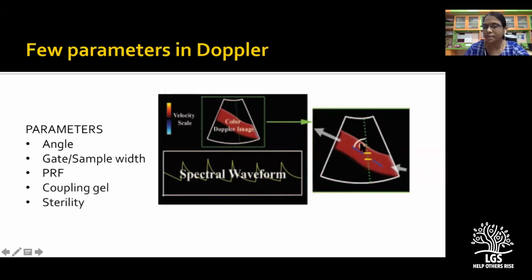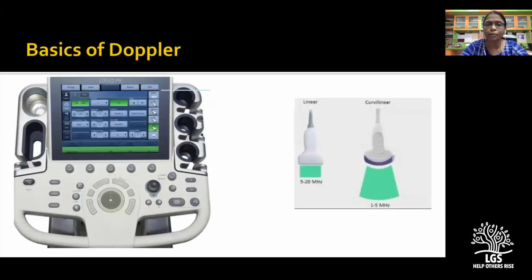If it is more than 60 degrees, then erroneously high velocity will be recorded, and we have to adjust the scale according to the velocity. Sterile coupling gel should be used whenever we do the Doppler. In intraoperative Doppler, we don't use a coupling gel. Instead, warm saline is adequate to perform the Doppler.